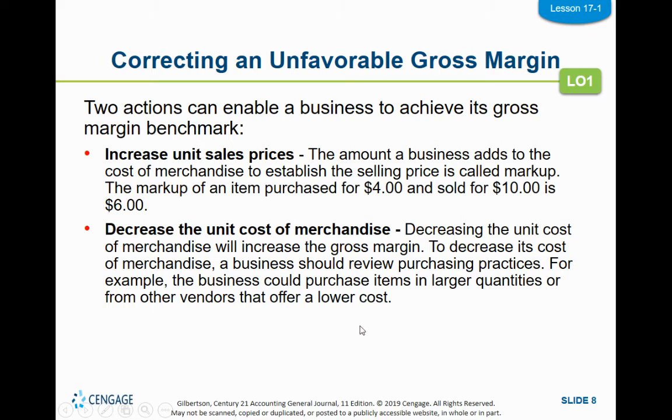A lot of times businesses will try to do a combination of the two. Let's try to maybe increase our prices just a little bit so that we don't lose customers. So in this example up here, it says the markup of an item purchased for $4 and sold for $10 is $6.